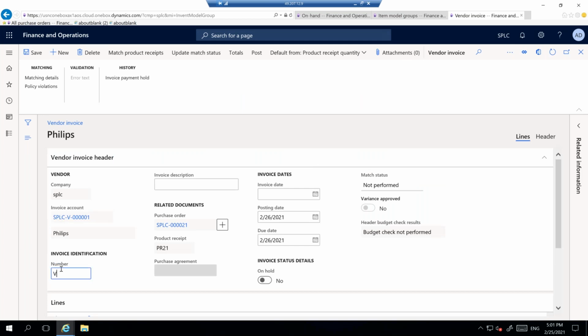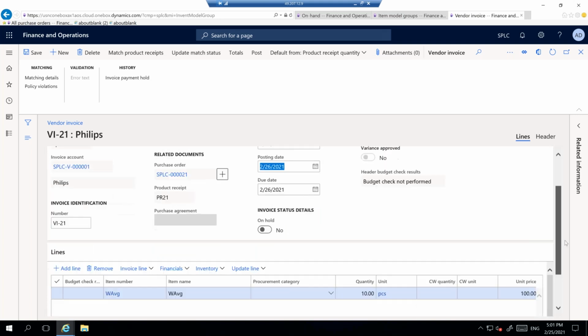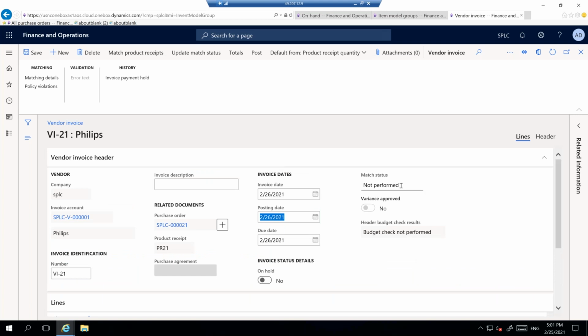I need to enter the vendor invoice number, which I have received from the vendor, and the vendor invoice date. So here it is 1000. If it is not confirmed, the system will not allow you to update. You need to update the match status. So I'm not changing any prices. Then it is passed. Now click on post.